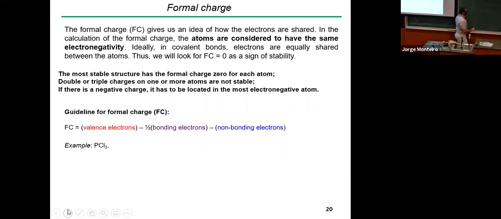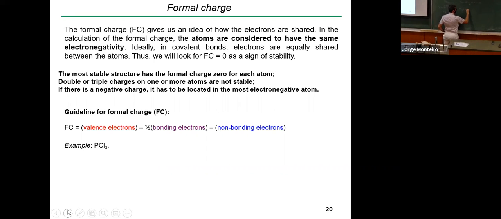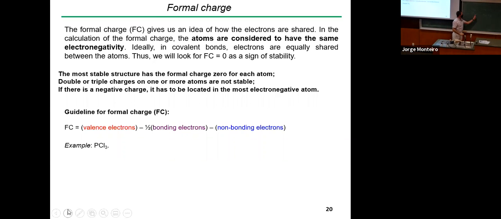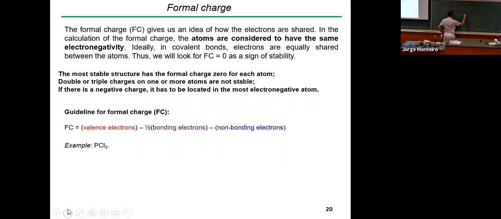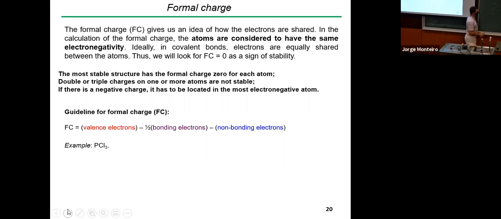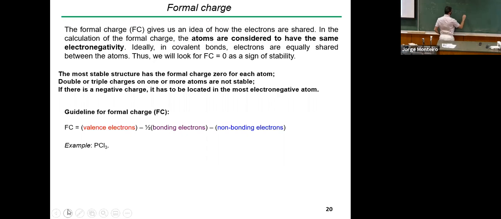Valence electrons is 7 minus half of the bonding electrons. So attention now, we are just looking at one chlorine. Okay? So therefore, it's only one single bond. That's 2, minus 2, or 6 non-bonding electrons. Therefore, the formal charge for chlorine is 0 as well.